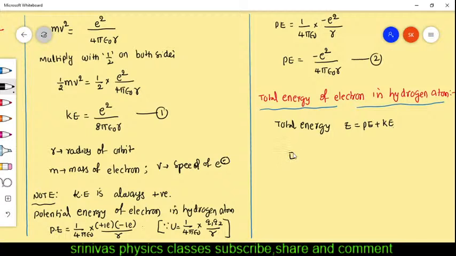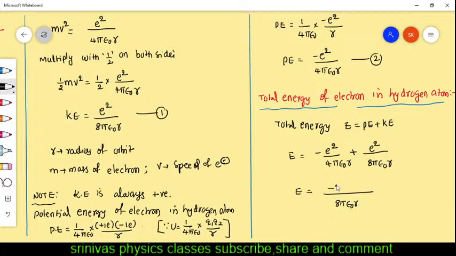Then E is equal to the potential energy, minus e square by 4 pi epsilon naught r, plus the kinetic energy, e square by 8 pi epsilon naught r. Now we have to take the LCM, which is 8 pi epsilon naught r.